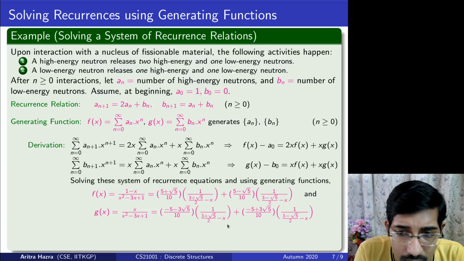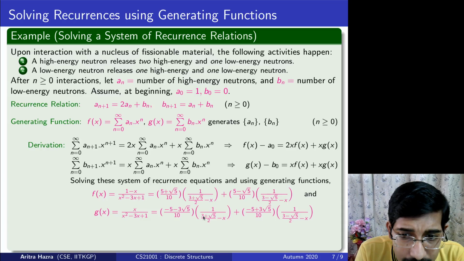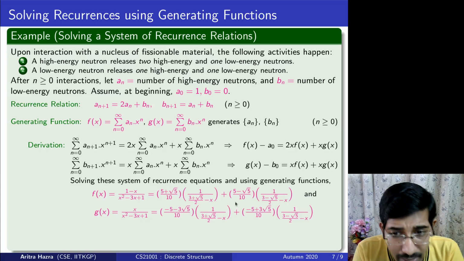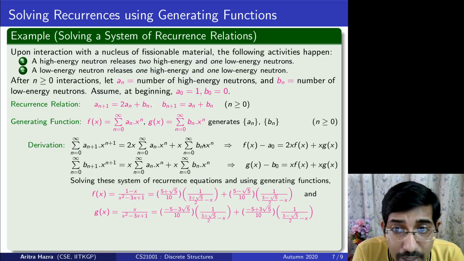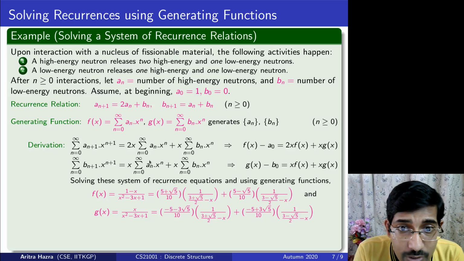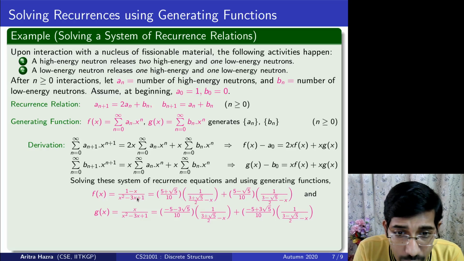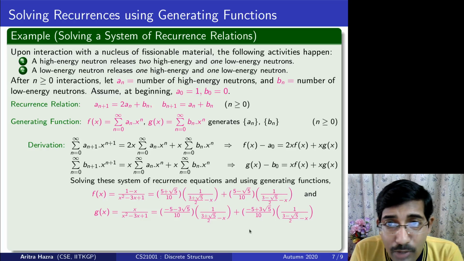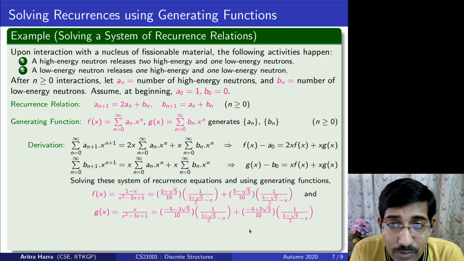Unless we form it in this way, I need something minus x to the power minus n to get my x to the power n coefficient. Remember, my job is to get the coefficient of x to the power n. From here it is not obvious. As you have seen in the generating function class, we make certain jugglery to make it 1 minus x to the power minus n, or 1 minus x, 1 plus x to the power n, in this format.